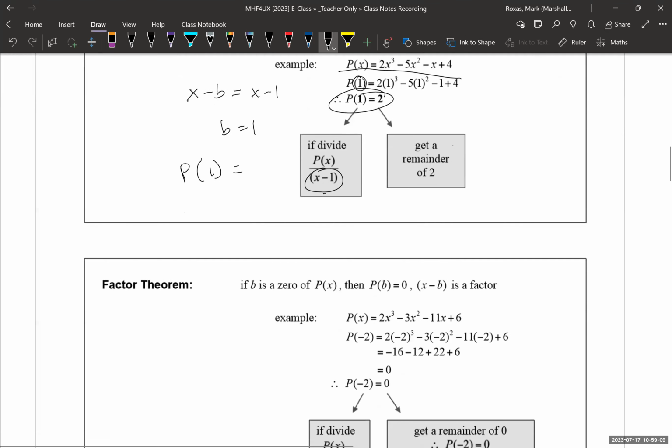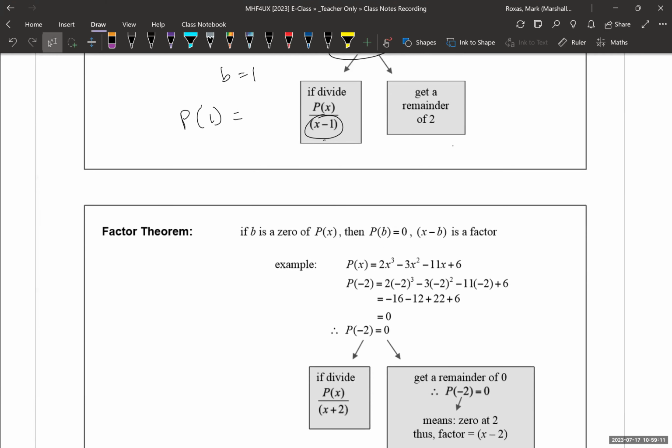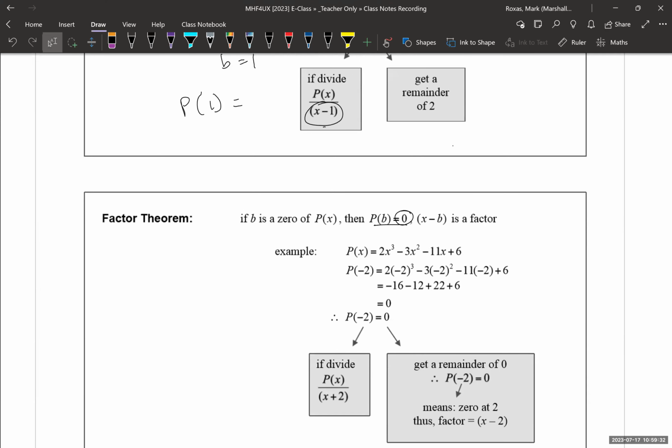If, however, you're using something like factor theorem, the difference between the two is apparent here. If p of b is 0, right, if this value of b turns out to be an x-intercept or a root, then that polynomial has to evaluate to 0, right? The y value is 0 at the x-intercept, or at the root. So x minus b is a factor. So in that case, let's divide by x plus 2 in this example. Here's your polynomial p of x.